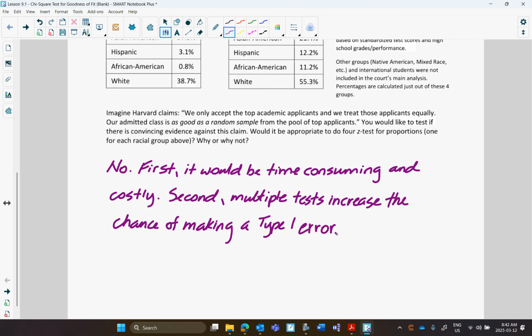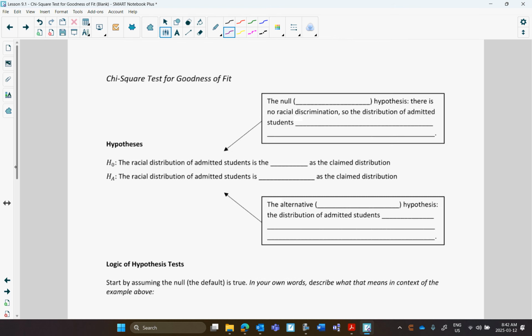So instead, what we're going to do is something called the chi-square test for goodness of fit. And we still break it down by hypotheses, a null and an alternative. So remember the null, which is the default, or sometimes called the dull.